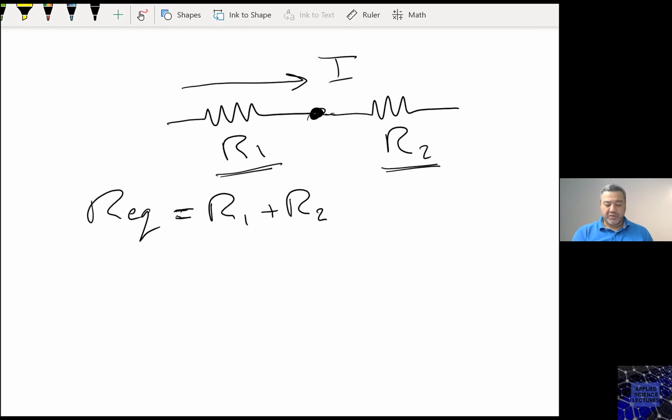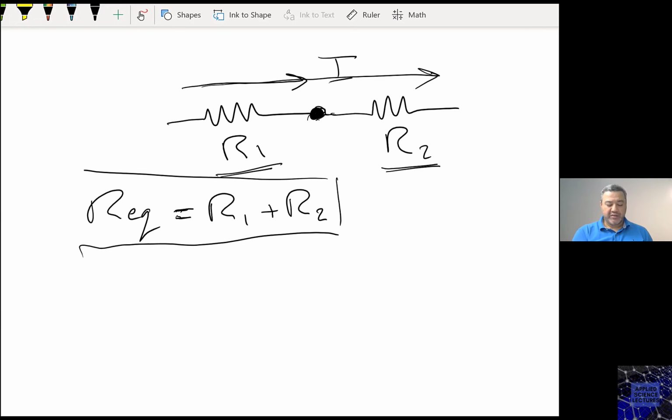So in other words, by not having any other components sharing this node, this means that I have the same current I here going through both of them. In this case, I will call those two resistors in series. And this is the expression to calculate the equivalent resistance for those two resistors that are in series.